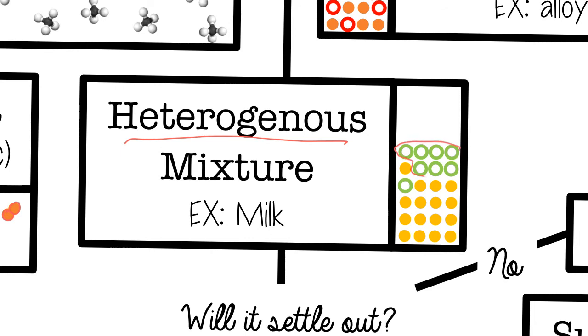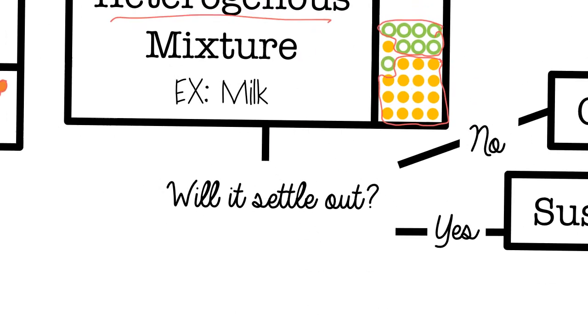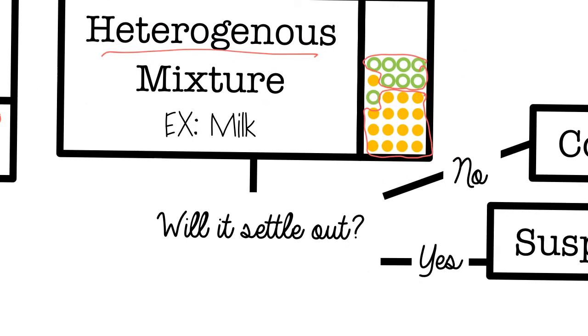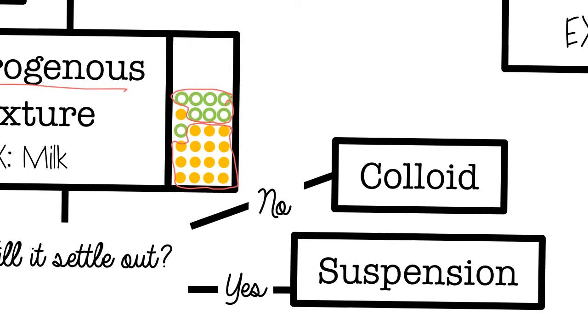We've got areas where we've got big globs of things. Heterogeneous mixtures, we can further separate those down by saying, will it settle out? Will those parts, if it's in a fluid, settle out? That's going to be a colloid. If they will settle out, that's going to be a suspension. We're going to talk more about that in the other notes.